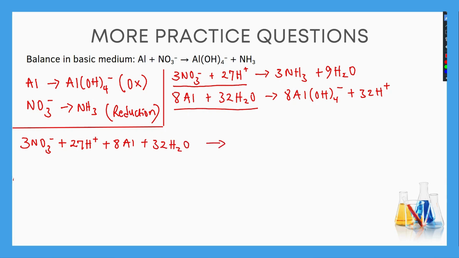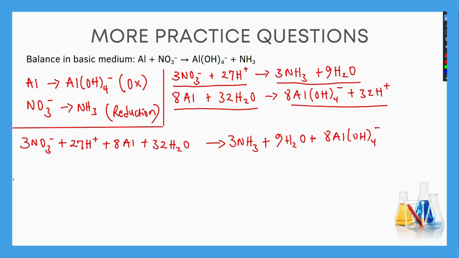And then everything on the right hand side in both equations will go together. So on the right hand side, we have 3NH₃ + 9H₂O + 8Al(OH)₄⁻ + 32H⁺. So you can see we've added both equations together.